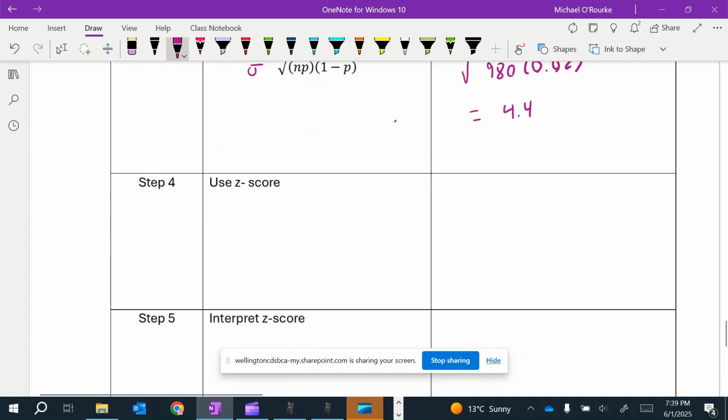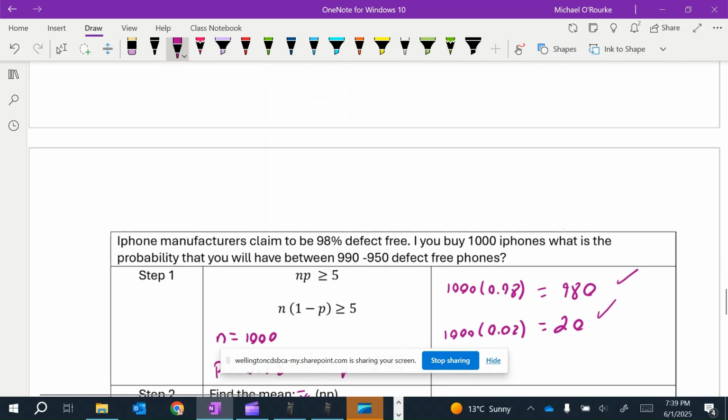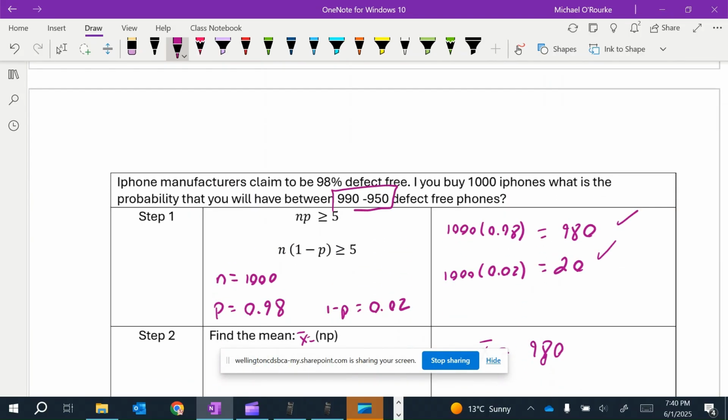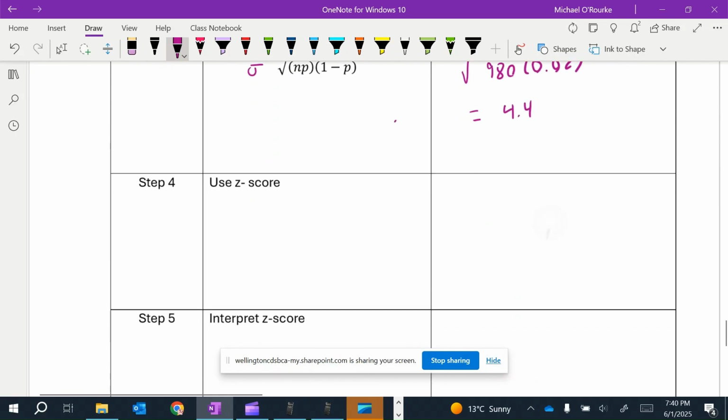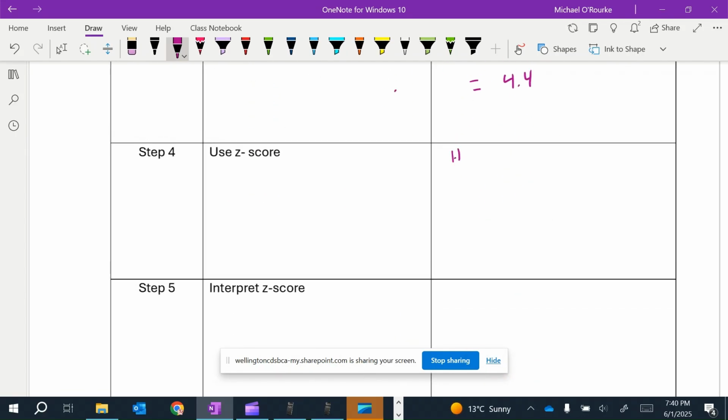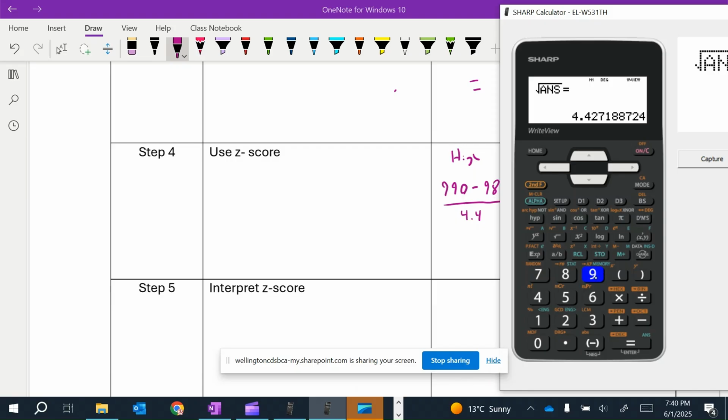Hopefully I picked good numbers here. Now this time we're looking for between two numbers, so we have to run this twice. We do a high number and a low number. So our high number is 990 minus our mean, which was 980, divided by our standard deviation. So that's going to equal 990 minus 980 divided by 4.4.